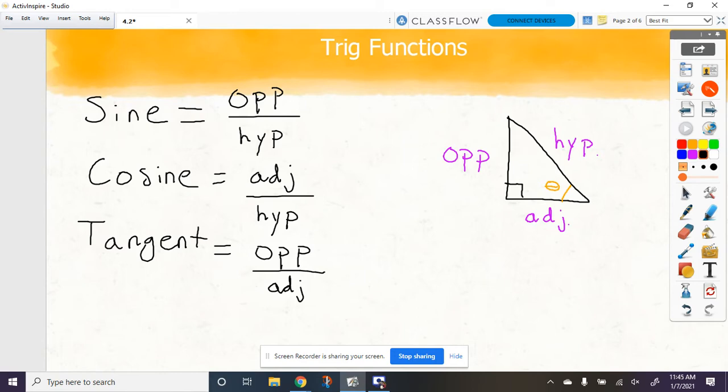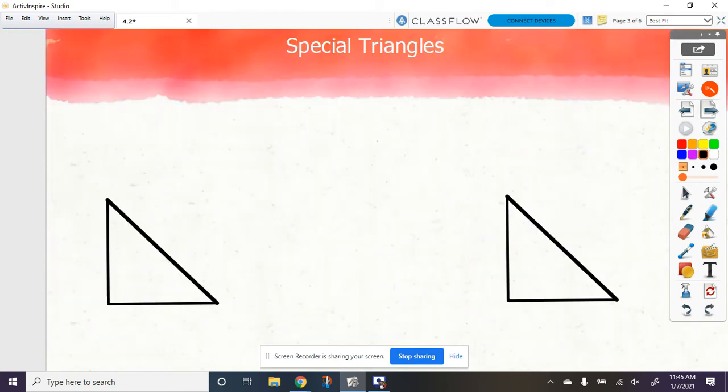The little saying that helps us remember it stands for sine, opposite hypotenuse; cosine, adjacent hypotenuse; and tangent, opposite adjacent. Yes? Okay, so good.